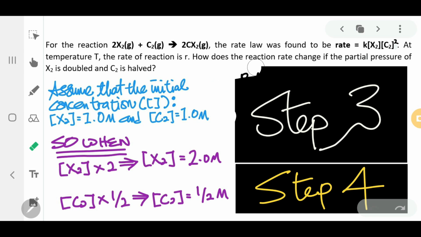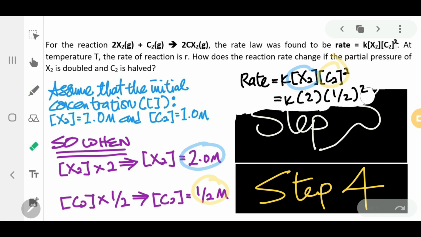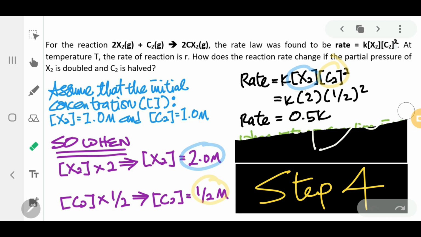Pressure is directly proportional to concentration. So step 3. You're going to take the rate law that is given to you right here, and substitute the values inside. So you're going to take that concentration and put it in there to find the rate. So it will look like this, and therefore the rate is 0.5k.